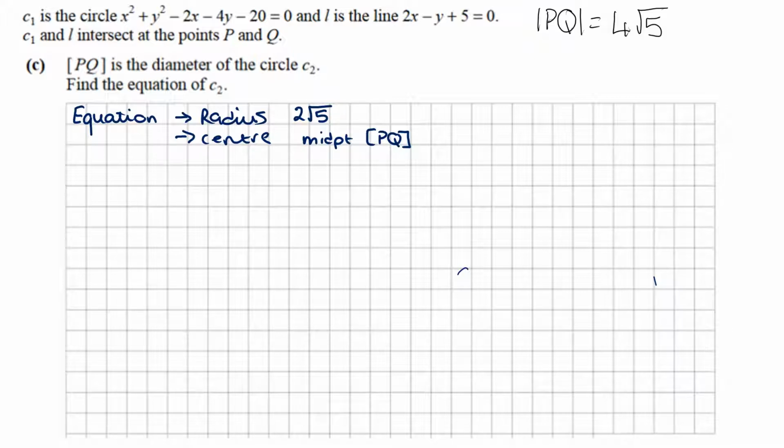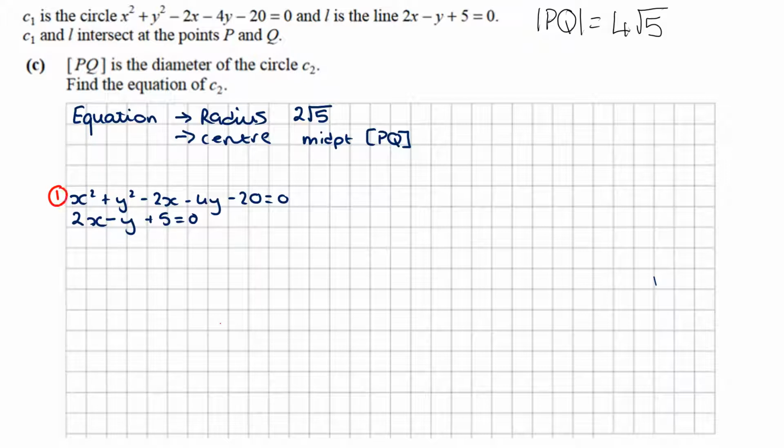So we know that it's where this circle, x squared plus y squared minus 2x minus 4y minus 20 equals 0, intersects with this line here. So what we have now is a linear, non-linear simultaneous equations.